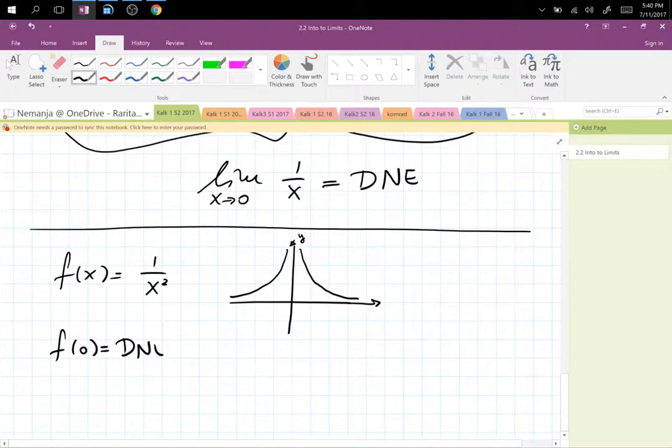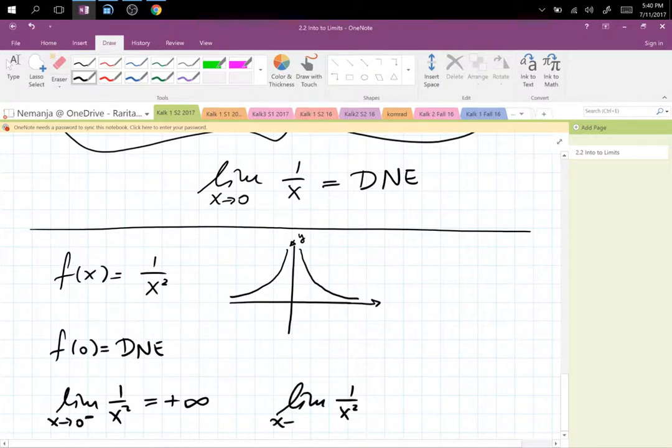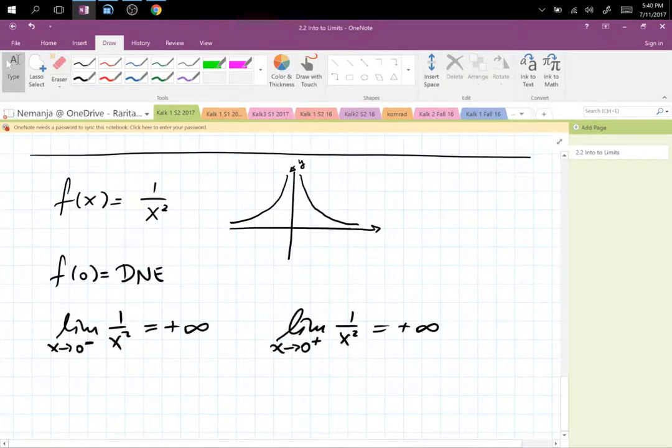Does not exist. Very good. What is the limit of 1 over x squared as x goes to 0 from the left? Positive infinity. Very good. What is the limit of 1 over x squared as x goes to 0 from the right? Positive infinity. What's the overall limit? Aha! See that? You guys are becoming experts here.